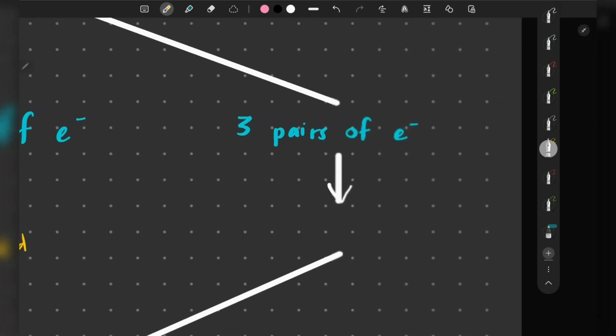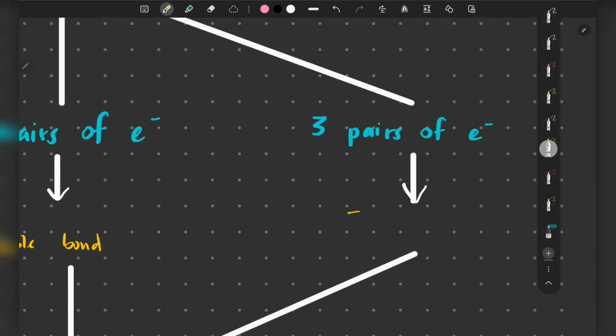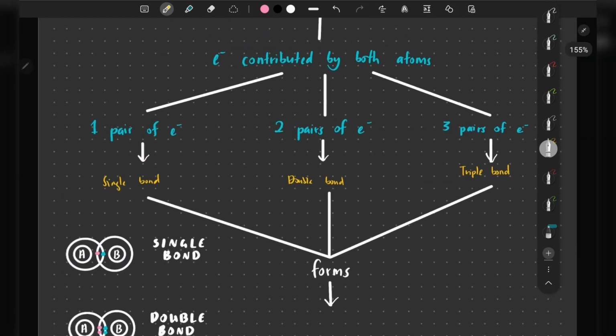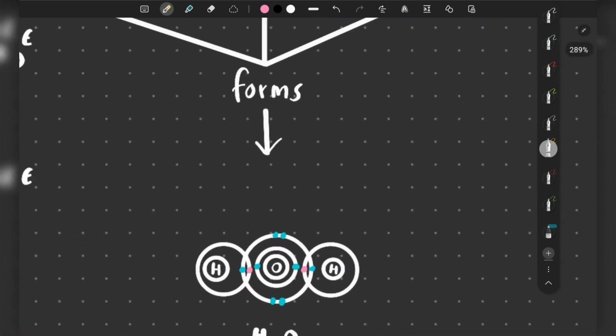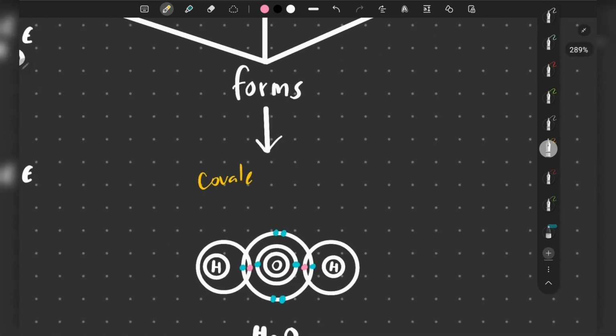And lastly, if there are three pairs, it will be called a triple bond. Very simple. Next, whether one pair, two pairs, or three pairs are shared between both atoms, it will form a covalent compound.